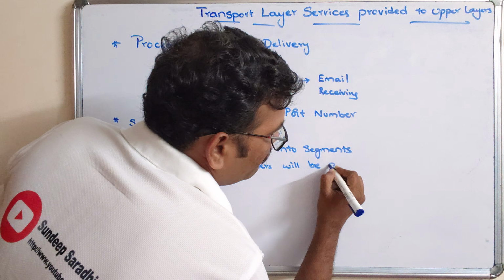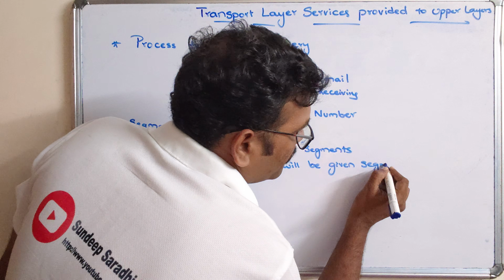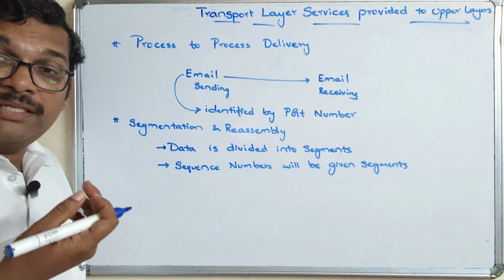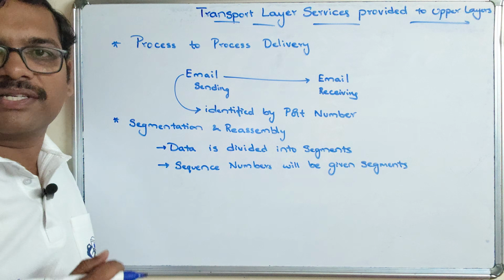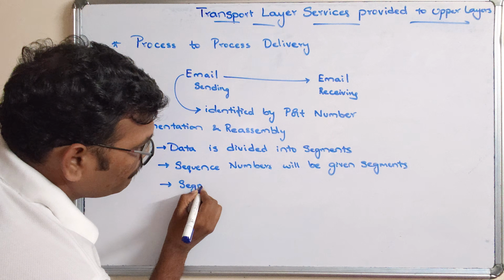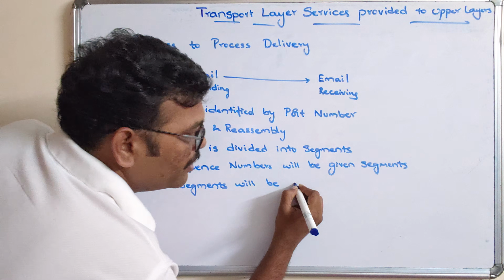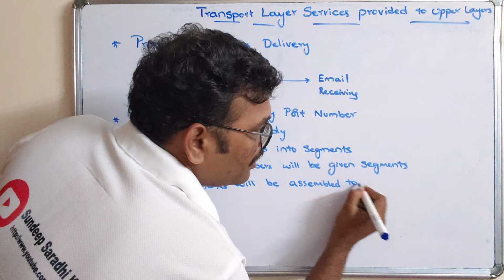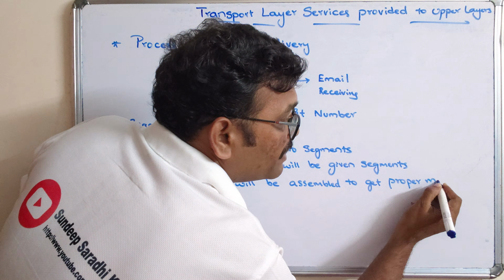Sequence numbers will be given to each segment. So the purpose of giving this sequence number is proper reassembly at the receiver side. So segments will be assembled to get a proper message.